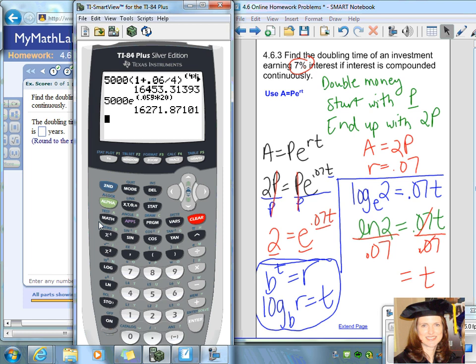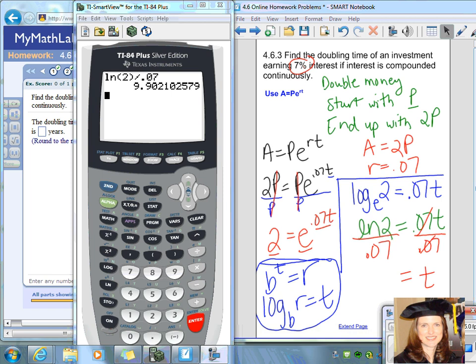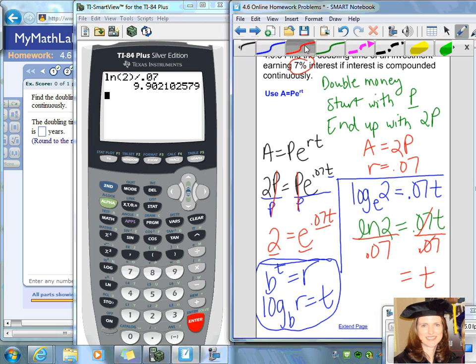Using a calculator, the natural log of 2, closing the parentheses, and then dividing by 0.07, we get 9.9 years. So we get t equals about 9.9 years.